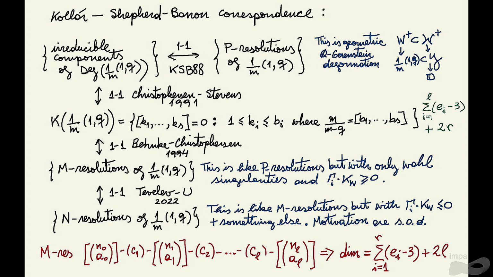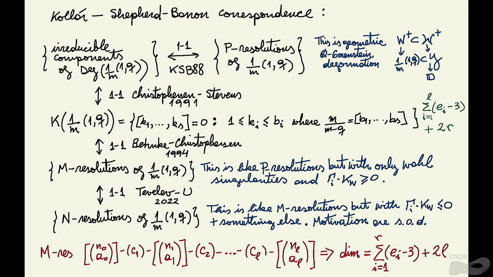There is a deformation space for the cyclic quotient singularity, and you have several components of this deformation space. It turns out that using Mori theory, they can prove that these components are in one-to-one correspondence with these P resolutions, in the paper of Kollár-Shepherd-Barron. And this is geometric, as I said there in blue.